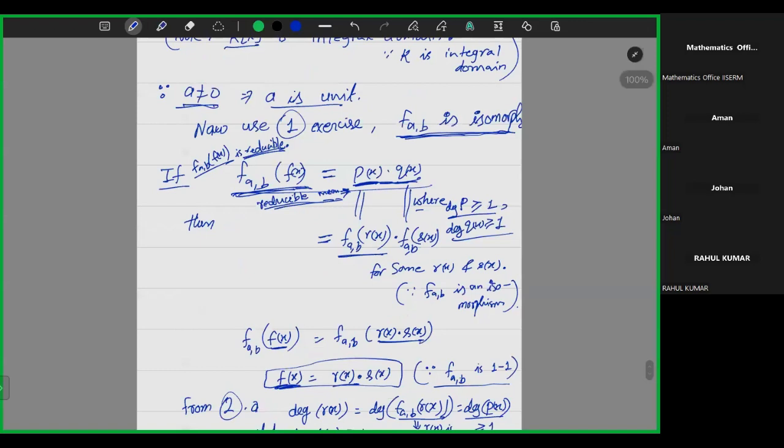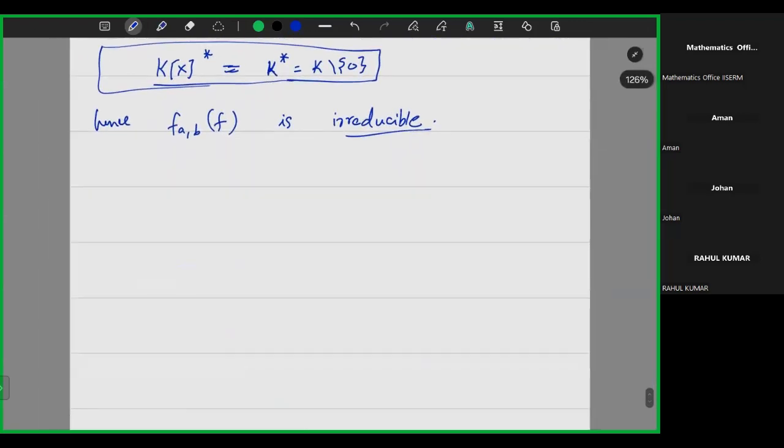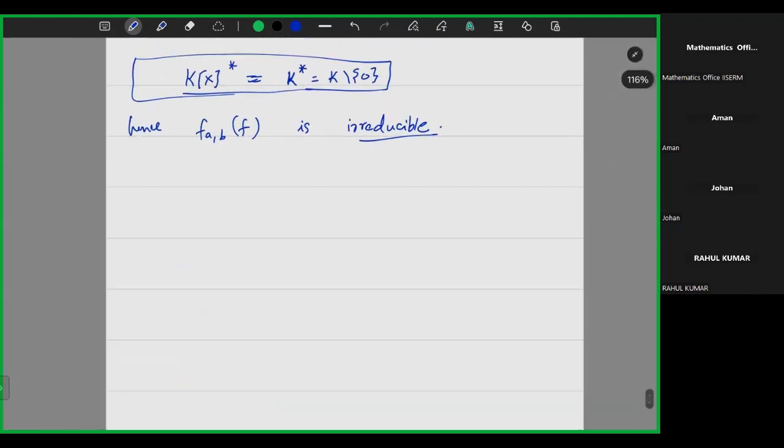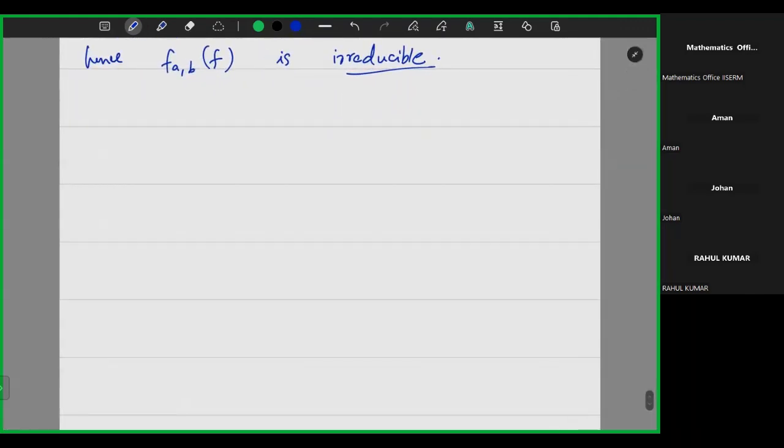Okay, let's see the last question, where we'll see an irreducibility criterion. In the last question, what we have is called the P test for irreducibility.